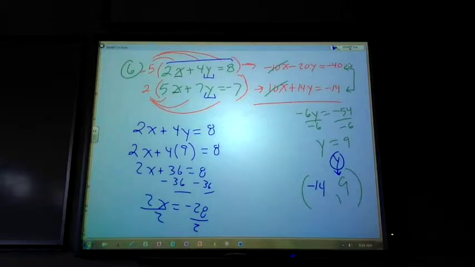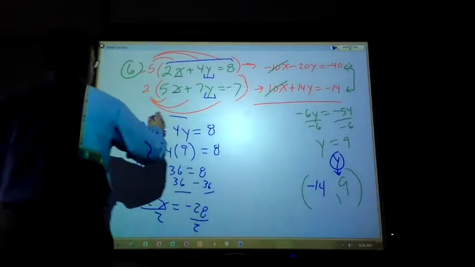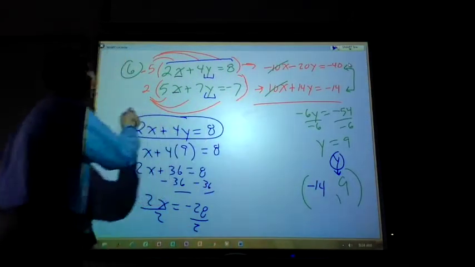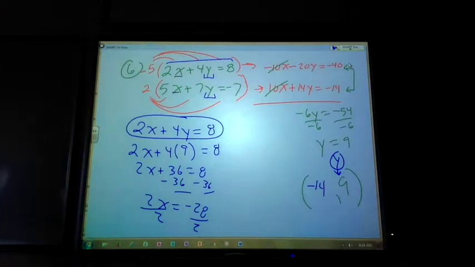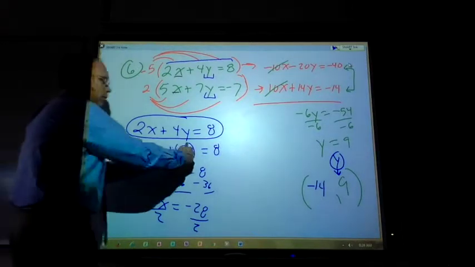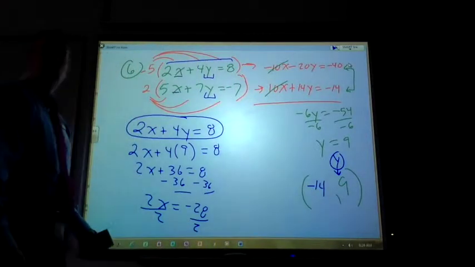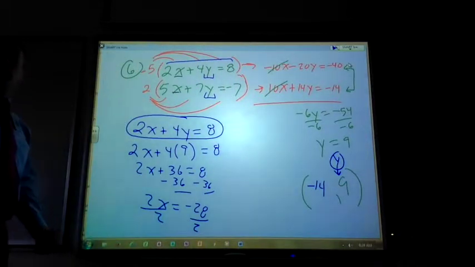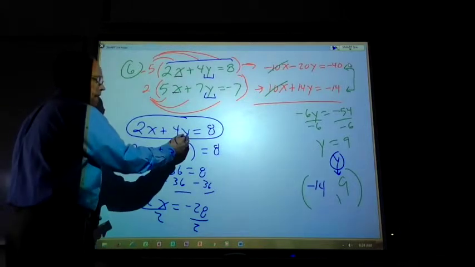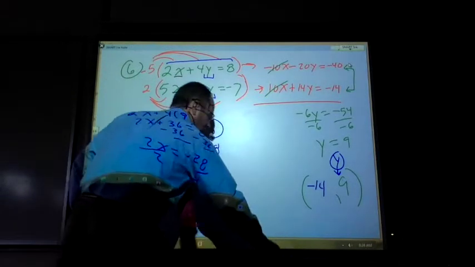Okay, so do you agree with me that this was the original top equation? Then I made parentheses because I found that y is equal to 9. So what I'm going to do is plug that in here.